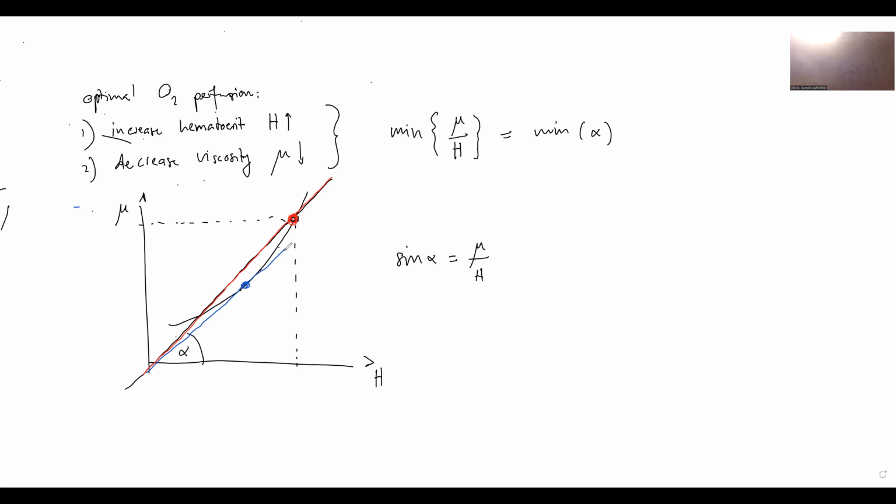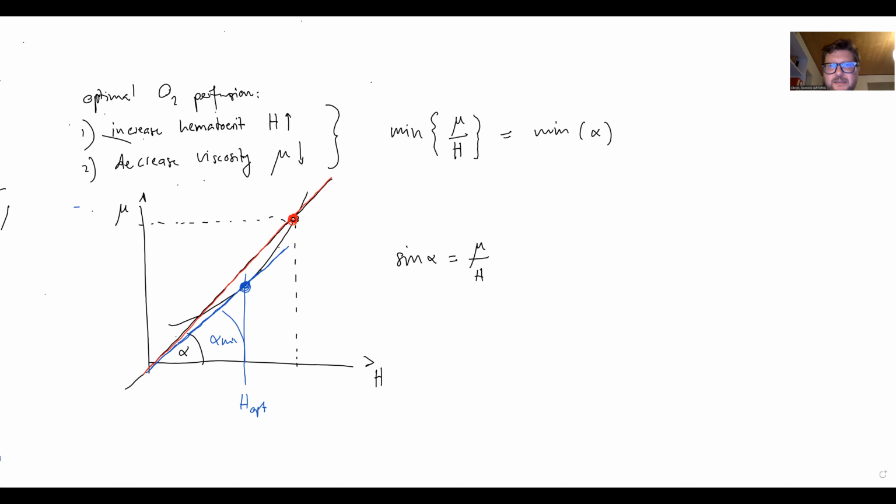That's actually the tangent going through the origin. This is the smallest possible alpha. And where the tangent touches this line, we have the optimal hematocrit with its associated viscosity.